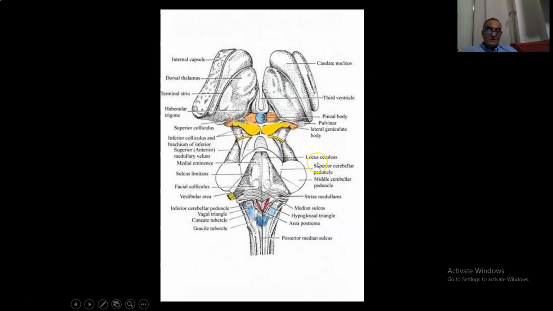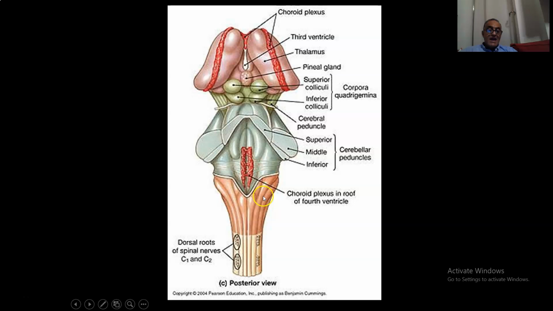And this is another nice view showing a cross-section. As we said, the most superficial and the biggest is the middle cerebellar peduncle, and medial to it are the superior cerebellar peduncle and the inferior cerebellar peduncle. And this shows you how the proprioception reaches the cerebellum from the inferior cerebellar peduncle and from the striae medullares.